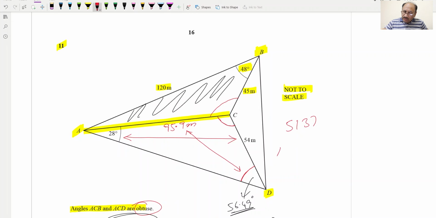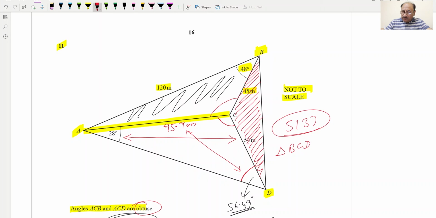So area of BCD is required. BCD is this triangle. So if we find area of ABC and ACD, area of these two triangles, and subtract from this total area, we will get area of this triangle BCD.